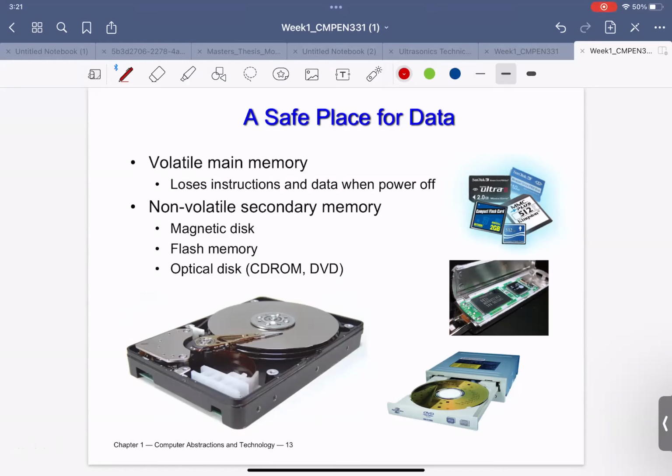In terms of data storage, just for your reference, there is volatile main memory and also non-volatile memory. Volatile memory, for example the RAM, removes all of the data as soon as you remove the power. However, a disk, flash memory, or optical storage is non-volatile, since when you remove the power, the data is still there.